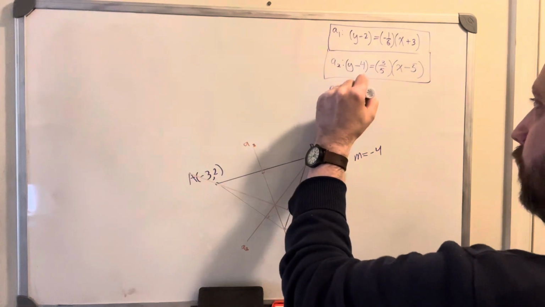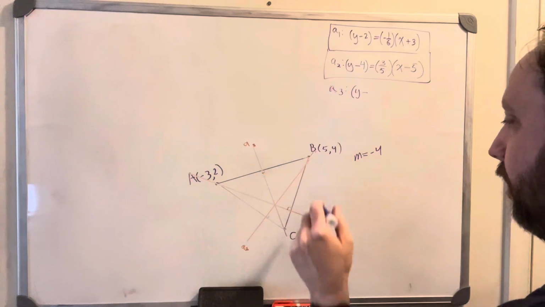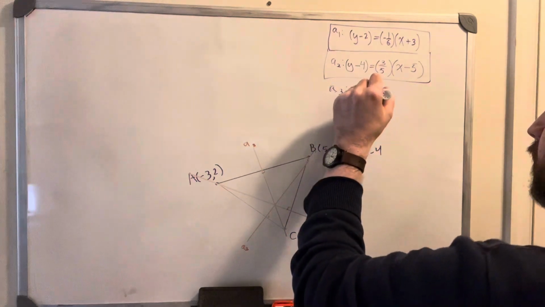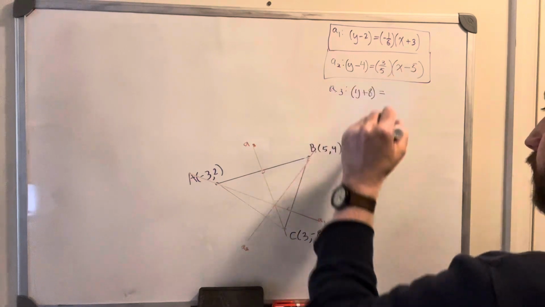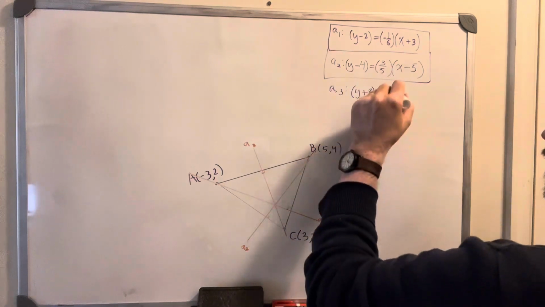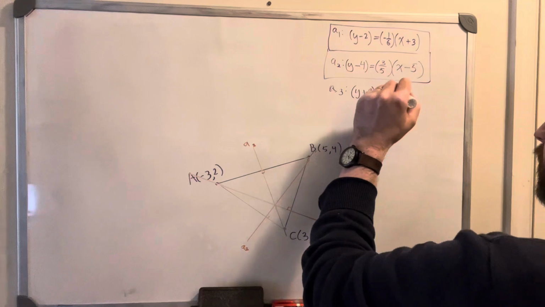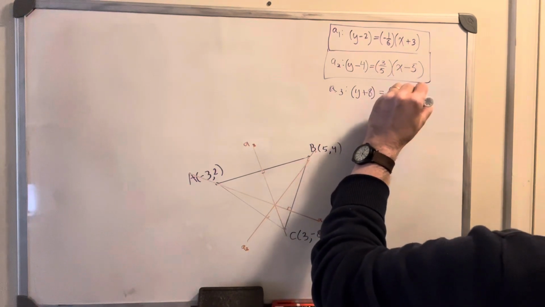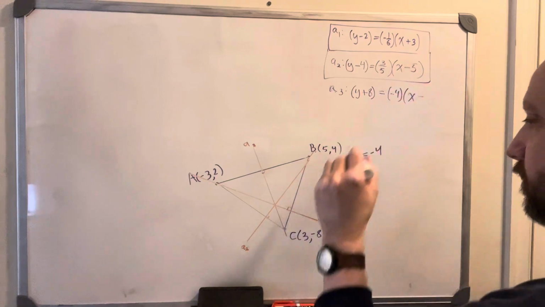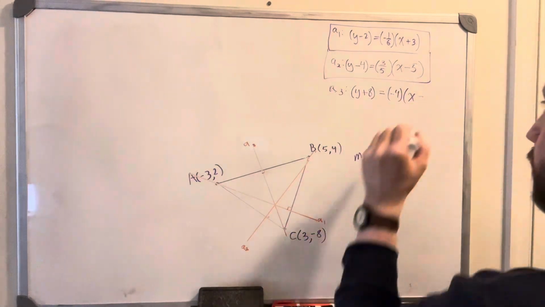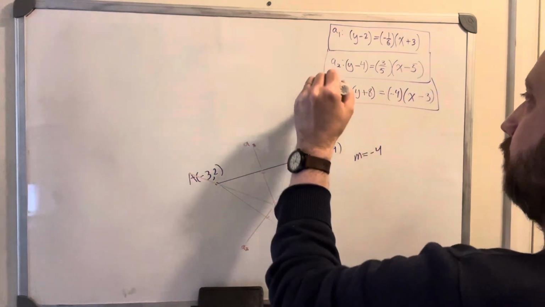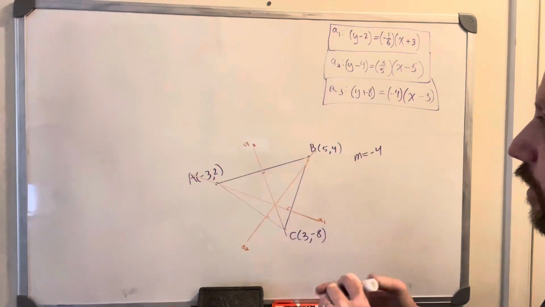Remember, it's y minus what's y minus -8? That's the same as y plus 8 equals, the slope is -4, and it's x minus 3. So now that is the third altitude line.